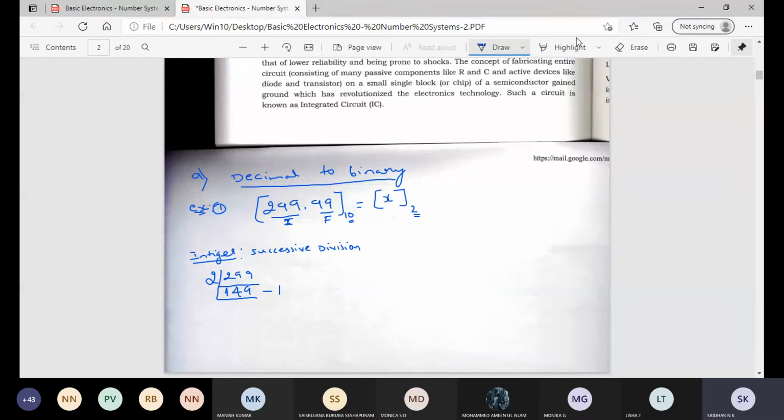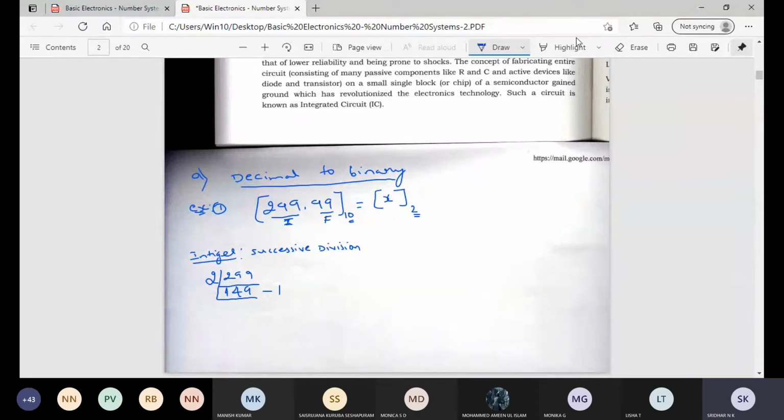Correct? So you have to write quotient just below for the next iteration, and you have to write the remainder on the side. That means you are storing the remainder. Okay. So repeat these steps until further division does not happen.